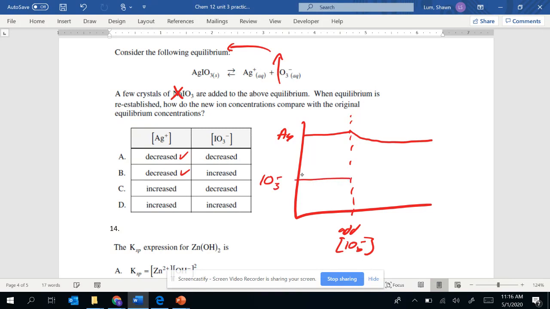We added IO3 minus, so therefore there's going to be a spike in the graph, but it's also going to be shifting in that direction right there. But overall, it did increase, because the question says, how do the new ion concentrations compare with the original? So it increased and then decreased, but overall it did go up. So we have to say that's an increase.